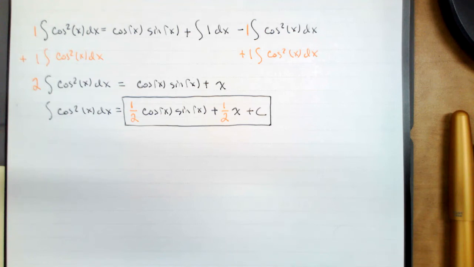Now, in this case, if I replace cosine squared with 1 minus sine squared, I have essentially the same problem. The integral of sine squared is just like the integral of cosine squared. So the actual way we should integrate even powers of cosine is to use the double angle identity.